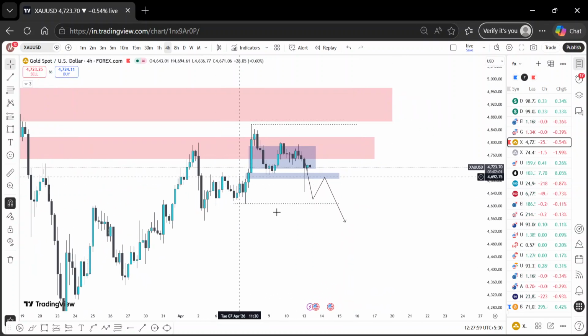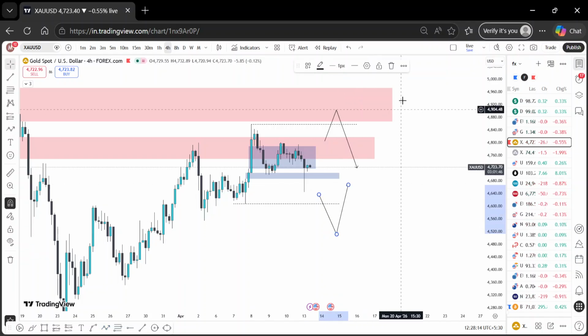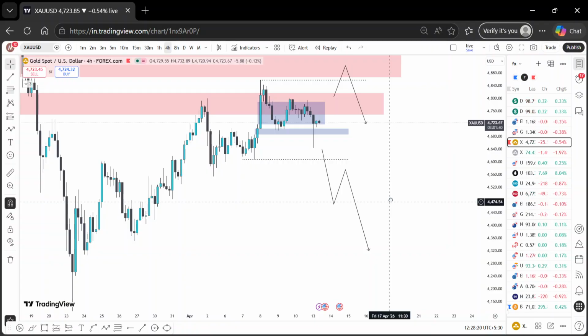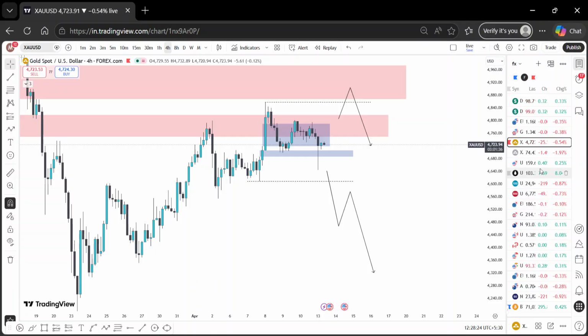So I feel it's a no trading range for me. So better to wait for price to take out either side. More higher probability would be this than this. I would still say if something like this is happening, probably I'll look for continuation shorts here towards these lows. So that is my bias over there.